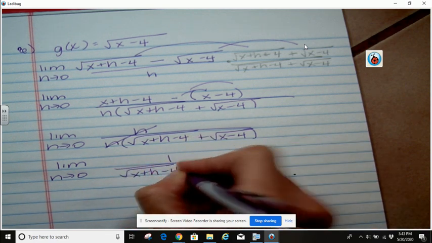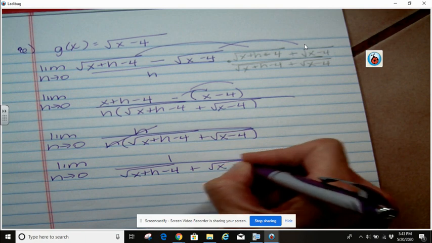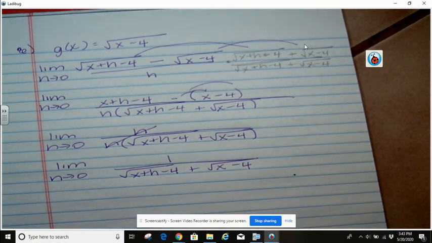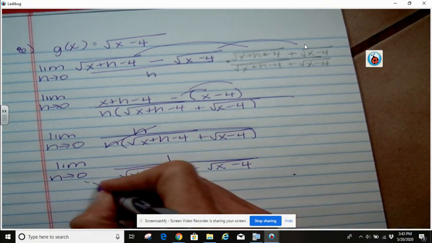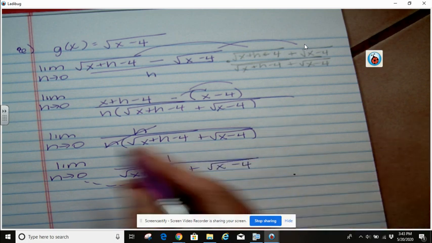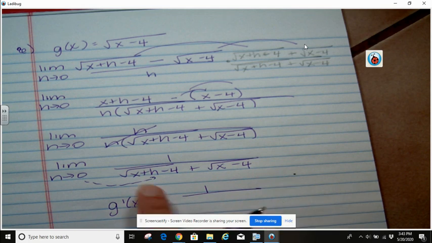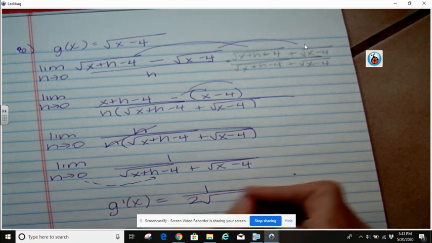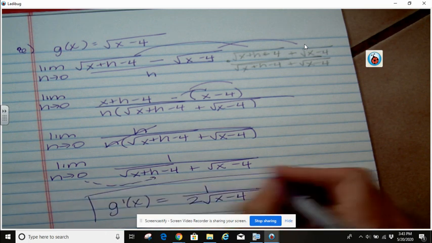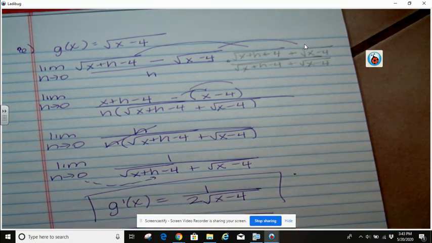It doesn't always equal 1 over the conjugate, but as you can see, it happens a lot in the problems we're doing. Then you can directly substitute the 0. And so you end up with the derivative of this function is 1 over the square root of x minus 4 plus the square root of x minus 4, which is 1 over 2 times the square root of x minus 4. And that is your derivative for that one.